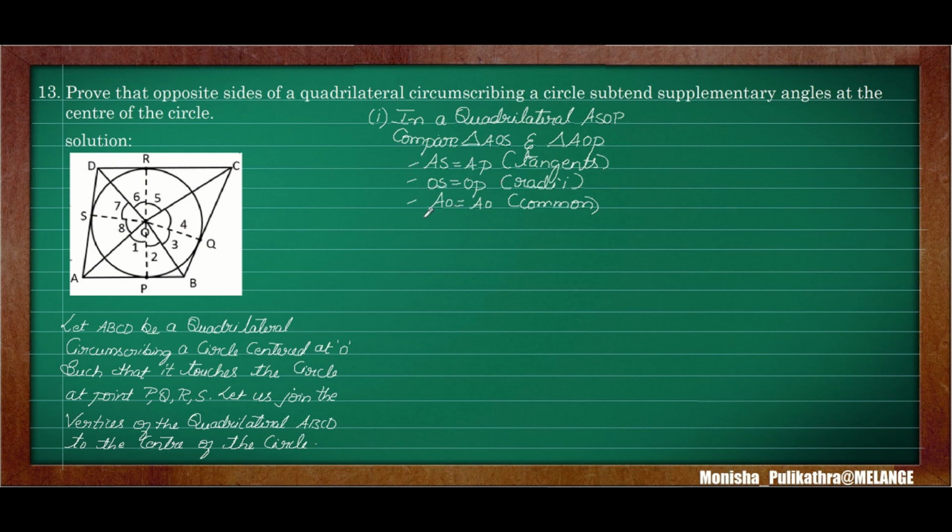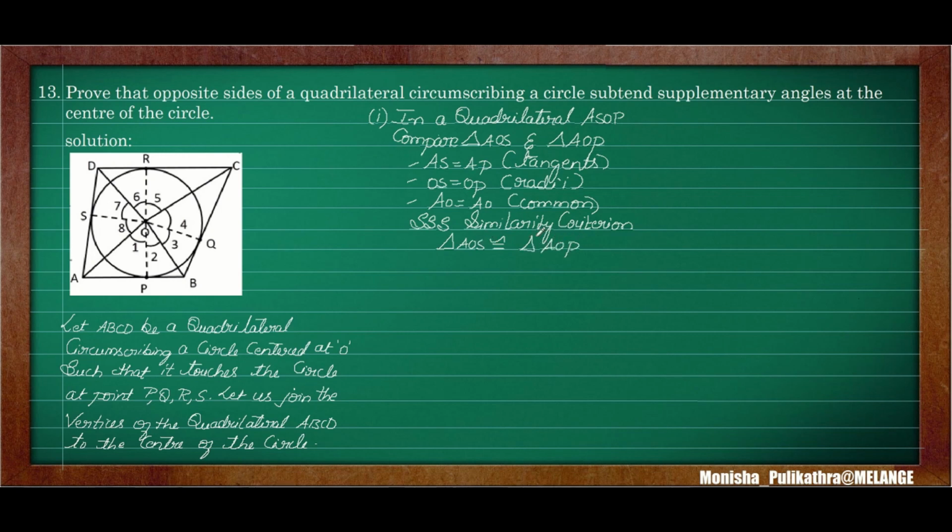So three sides are equal to each other means, based on the SSS criterion, if three sides of two triangles are equal, then the triangles are congruent. That is, triangle AOS is congruent to triangle AOP.